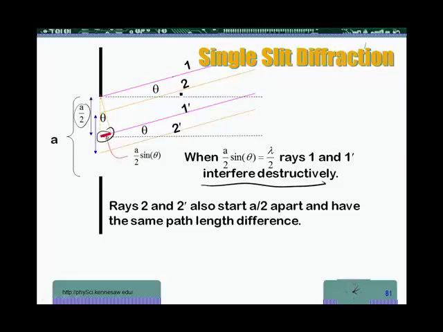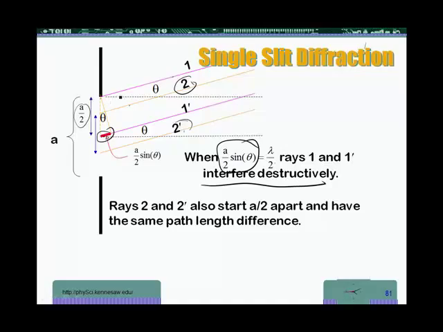But then the interesting part is, if we consider just another beam just below that one, and then consider another beam, 2 prime, that's coming from the same distance a over 2 below, the path difference between 2 and 2 prime is still a over 2 sine theta equal to lambda over 2. So the two beams are going to add up destructively as well.